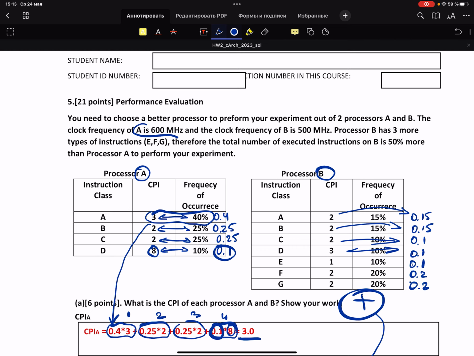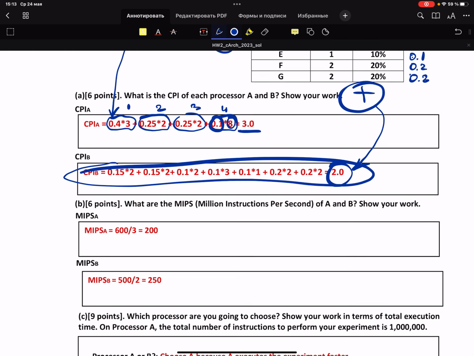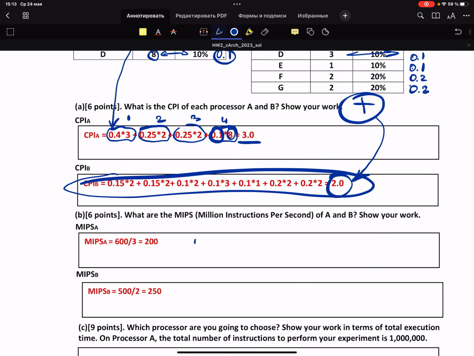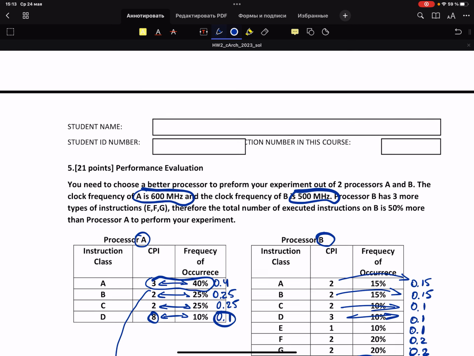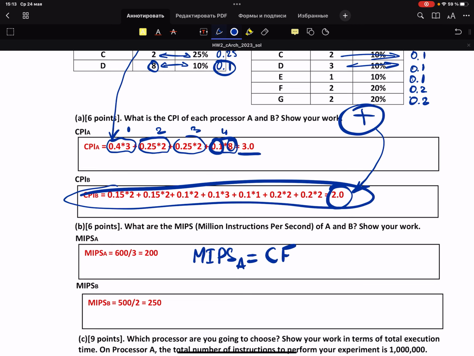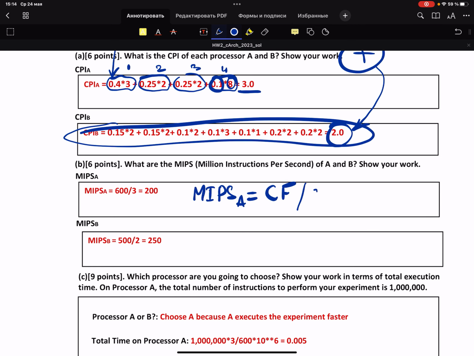For A, it is 600 megahertz, I guess, and for B, it's 500. So in order to find MIPS of A and B, this is the formula: MIPS A, let's say, equals clock frequency CF, which you are given, divided by CPI, okay? This is the general formula.